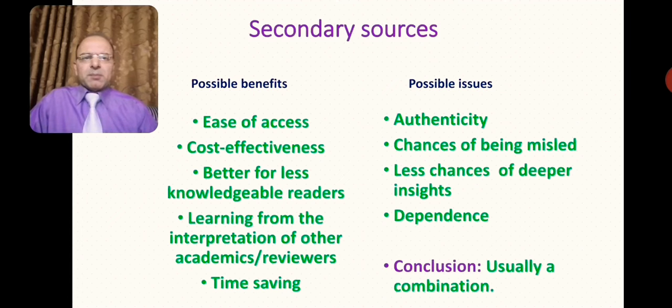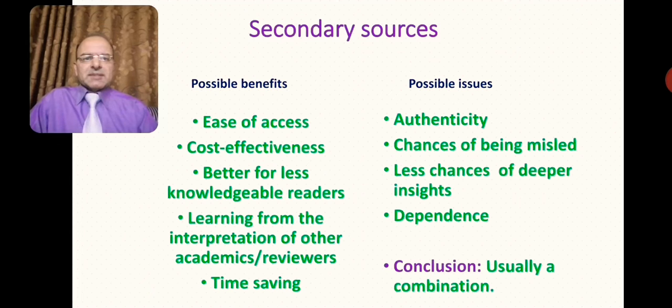Then the possible issues that we could have in secondary sources include authenticity. In some cases, it might not be very authentic. The account of someone else about a primary source might not be very authentic. They might make mistakes in the interpretation, and because you are depending on other people's interpretation of the primary sources, there might be issues of authenticity.